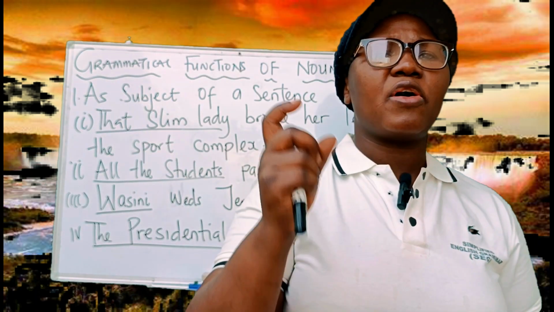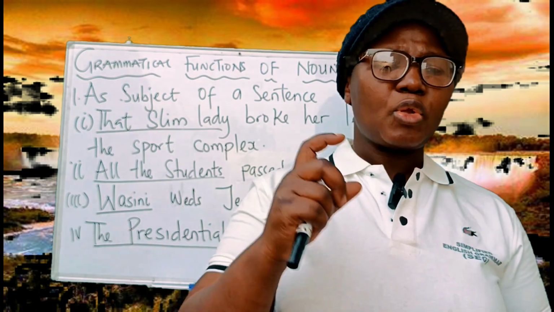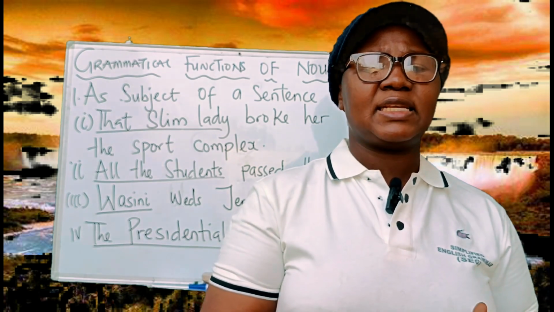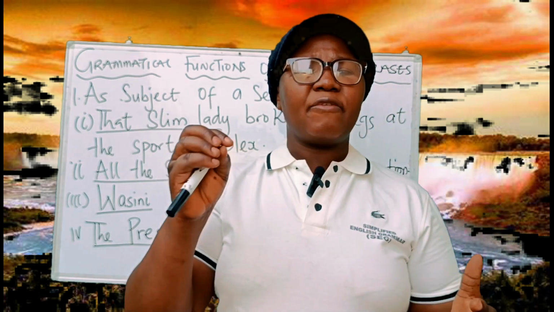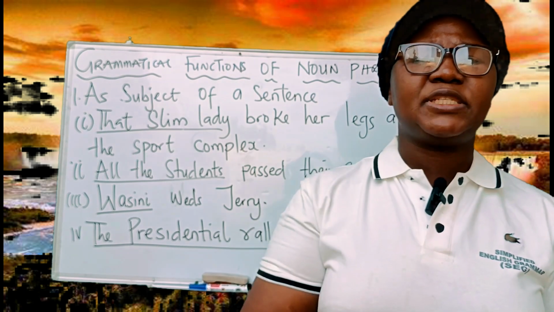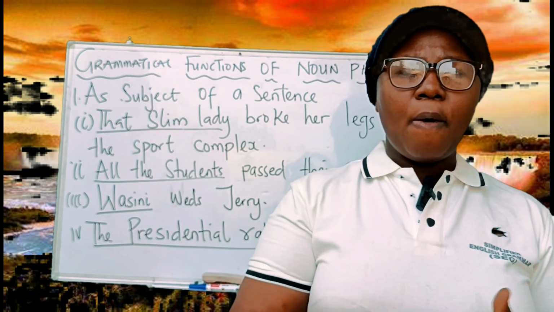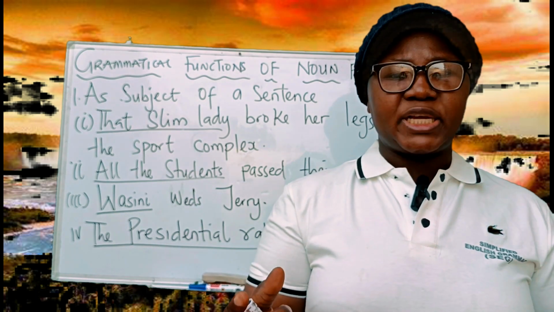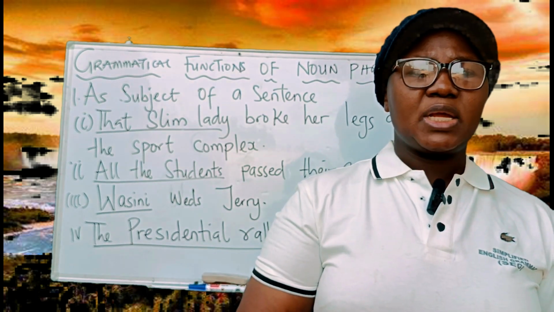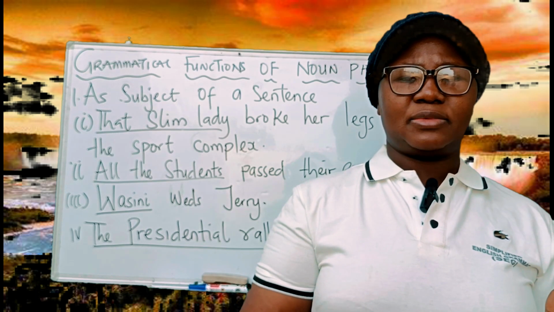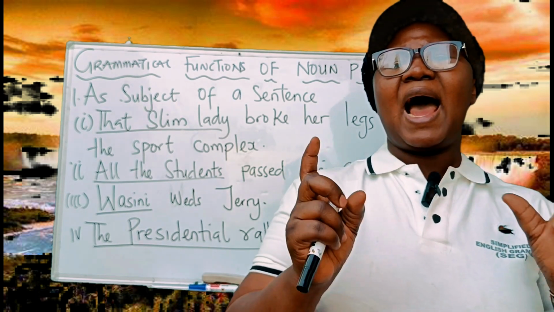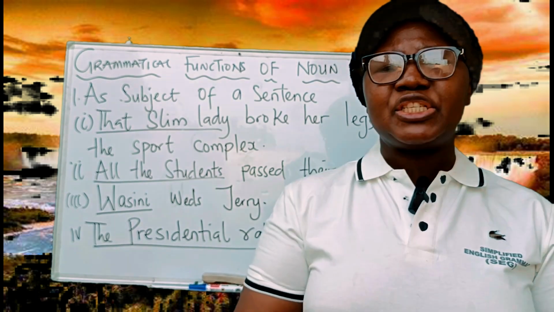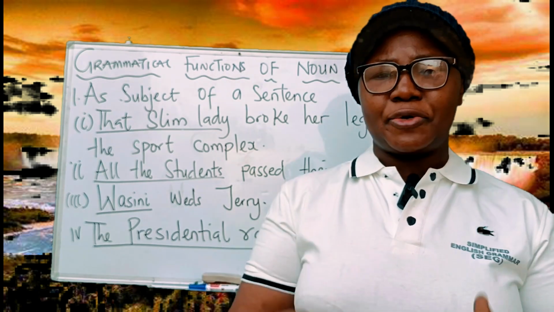Again, the second function of a noun phrase in a sentence is that it performs the function of being an object of a sentence, or the object of the verb. What is an object? An object is what suffers the action of the subject. An object is the beneficiary of the action of the subject.